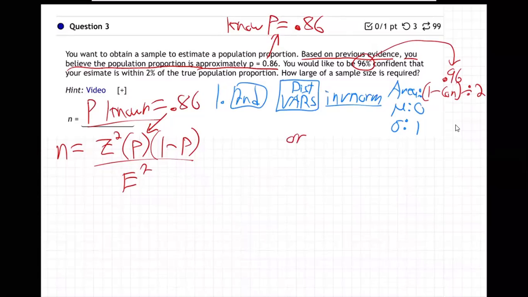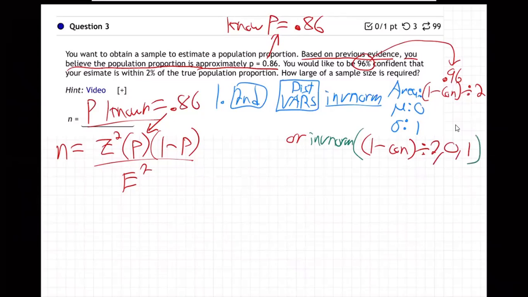Or you might have the other kind, which requires you to do inverse norm, parenthesis, and then within there, parenthesis 1 minus confidence level divided by 2, comma 0, comma 1. If you have the old style like I do, you put your 0.96 right there. All right, so one way or the other, start off exactly the same.